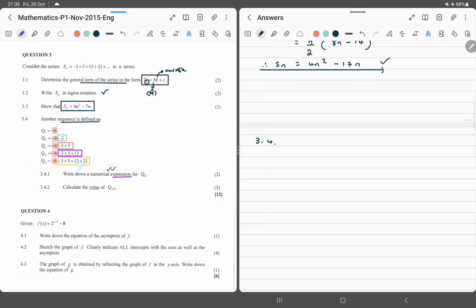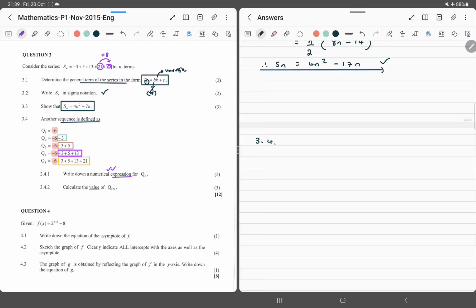So this question says now, for 3.4.1, write down the numerical expression. The word expression means it has to be like that. And as we can see here, what is next? Because we are adding the sum of these terms as they keep going, the next term here would be obtained when we add 8 to 21. And that is going to be 29.